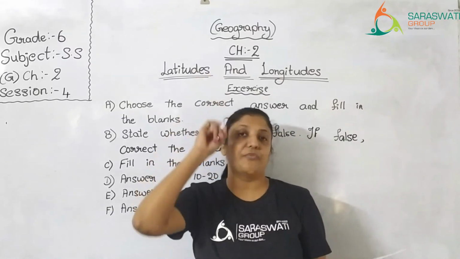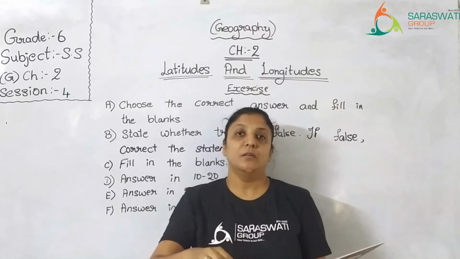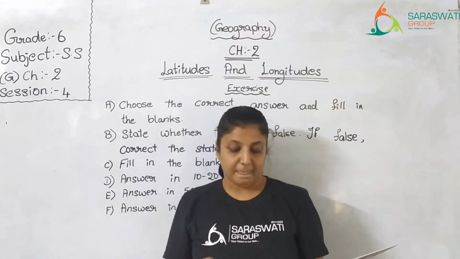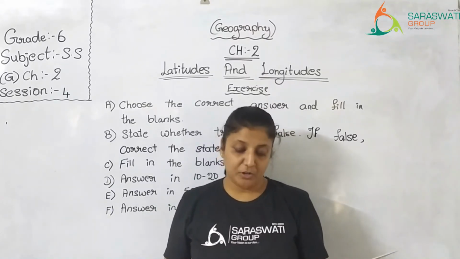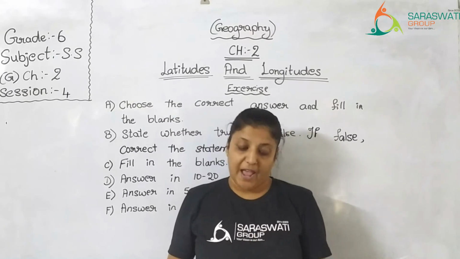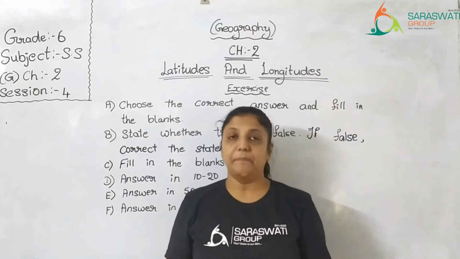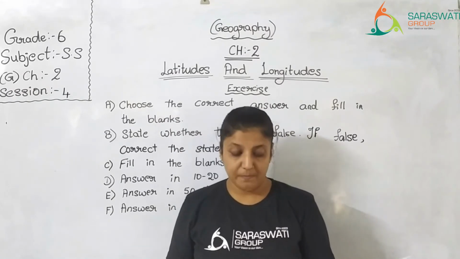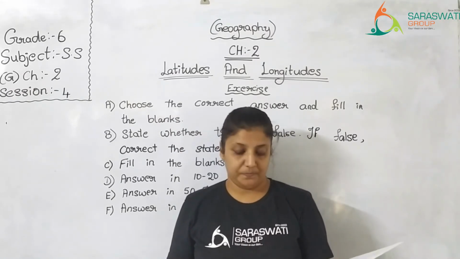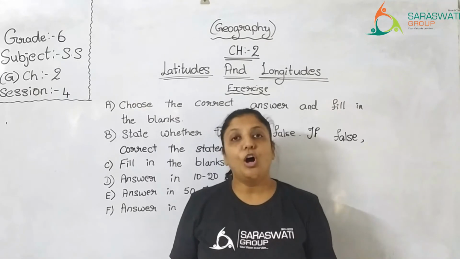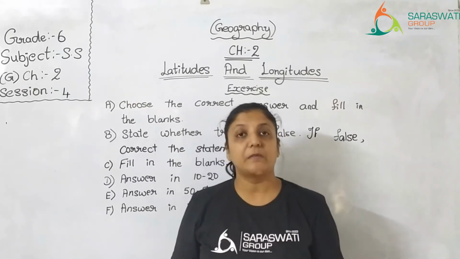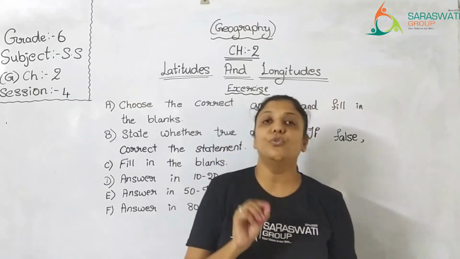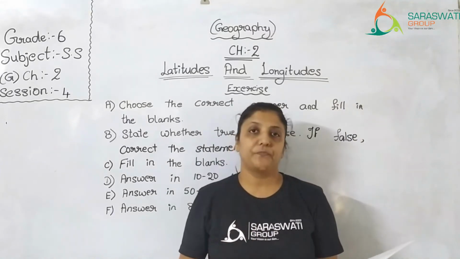Noon sun means afternoon, 12 o'clock, mid of the day. All places located on the same meridian have noon at the same time. Hence, this is the local time for that meridian. Clear?